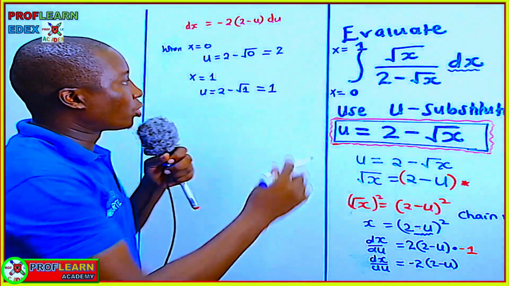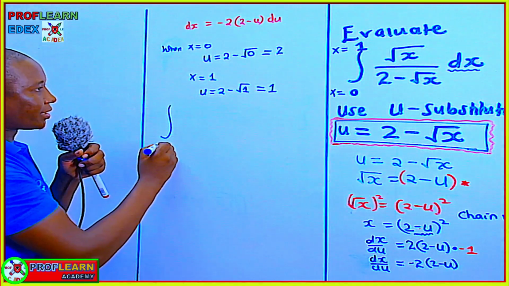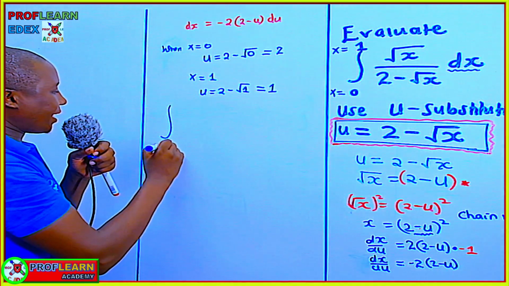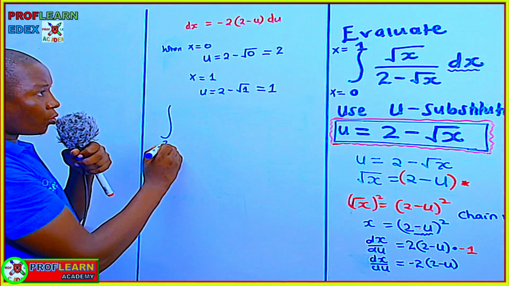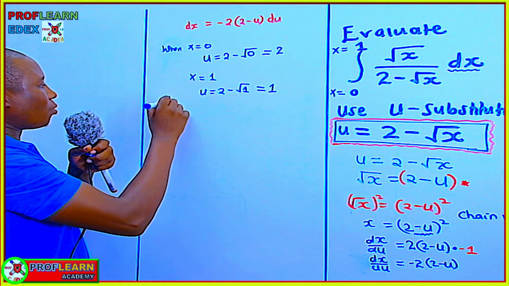So we're going to substitute everything and write our integral. It will start from 2, since when x was 0, u became 2, and end at 1, since when x was 1, u became 1.